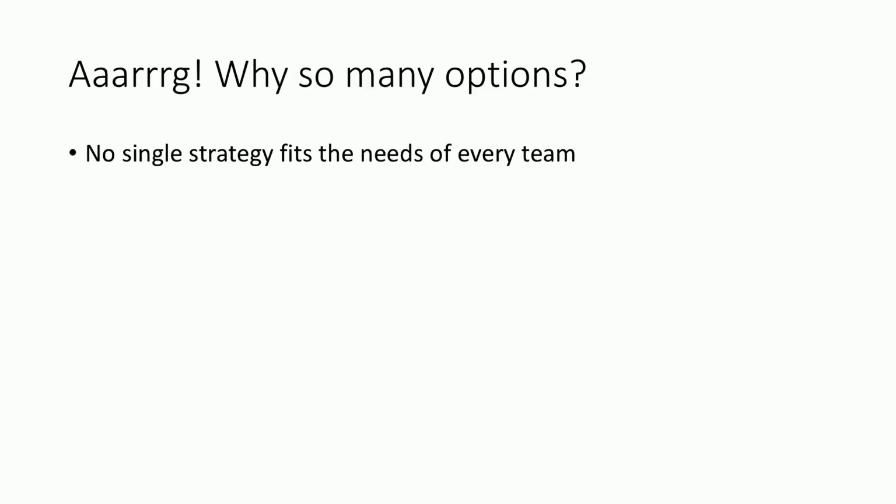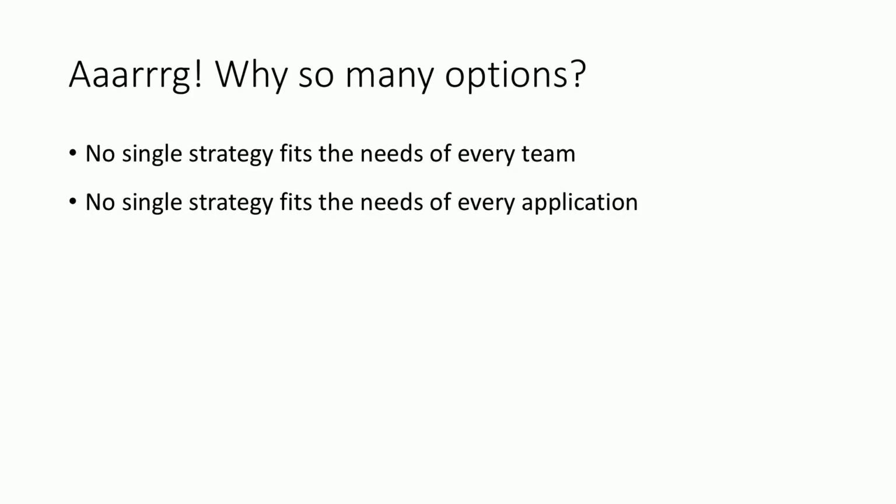So why so many options? First of all, no single strategy fits the needs of every team. What may work for one team doesn't always work for the others. Every developer and every development team has their own preferences and biases, which are perfectly fine.